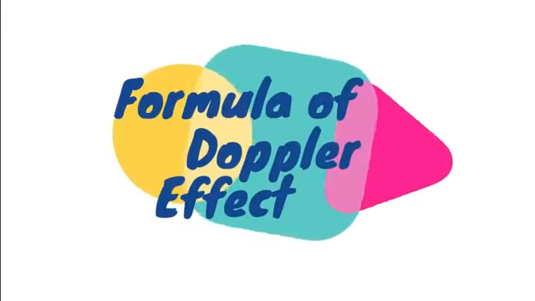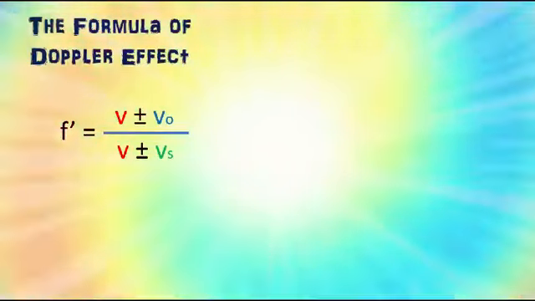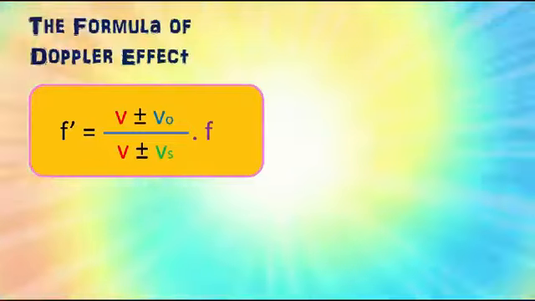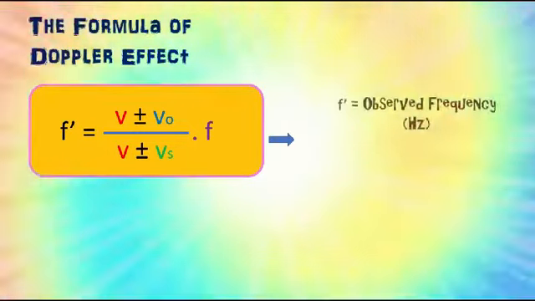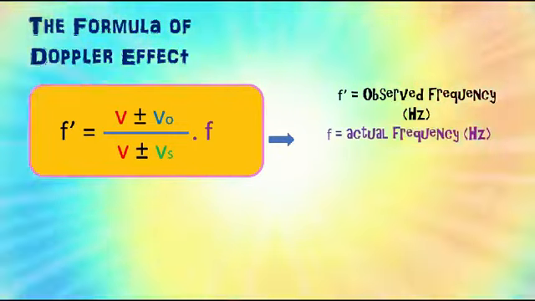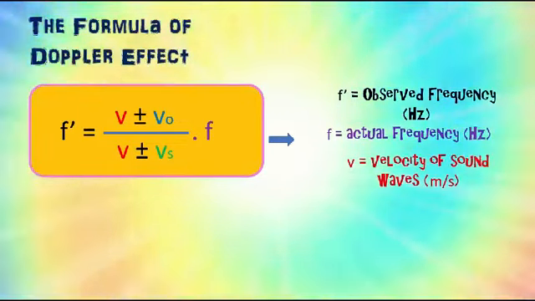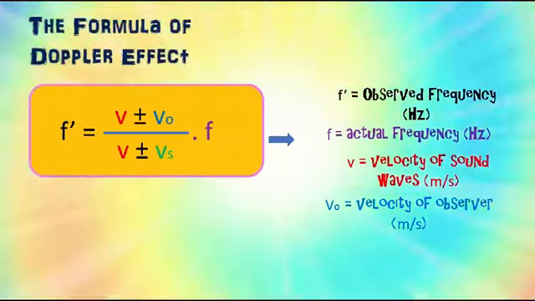The formula of Doppler effect is f' equals (v plus or minus vo) over (v plus or minus vs) times f, where f' is the observed frequency, the unit is Hertz. f is the actual frequency, the unit is Hertz. v is the velocity of sound waves, the unit is meter per second. vo is the velocity of observer, the unit is meter per second.